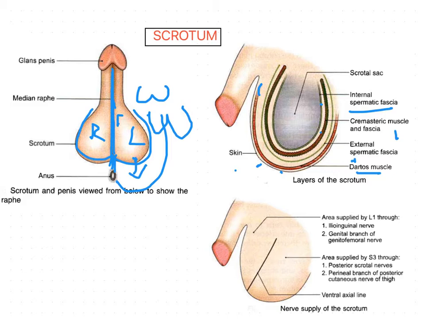We studied the same layers surrounding the spermatic cord. Inside is a sac called the scrotal sac, where the testis and epididymis are present.